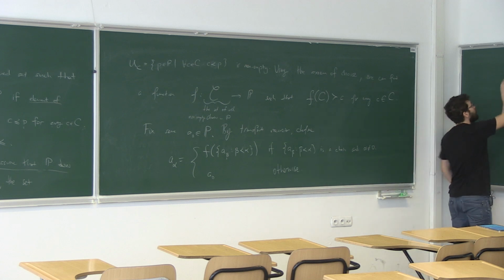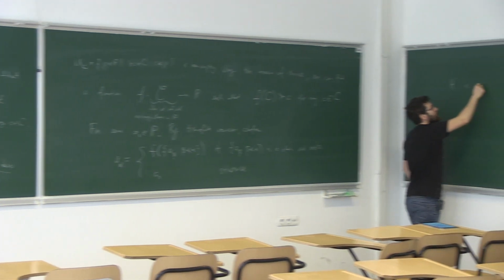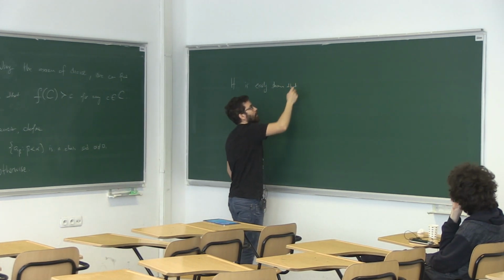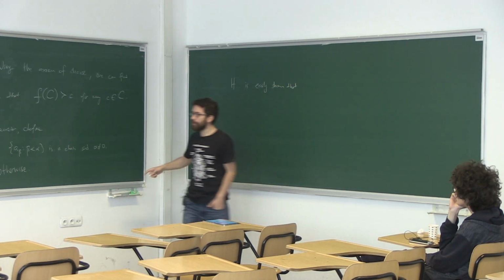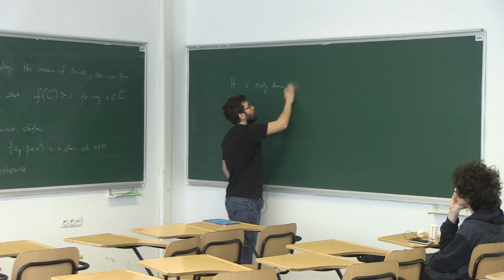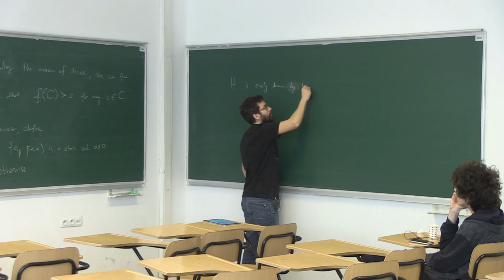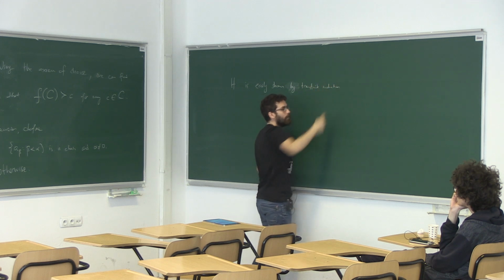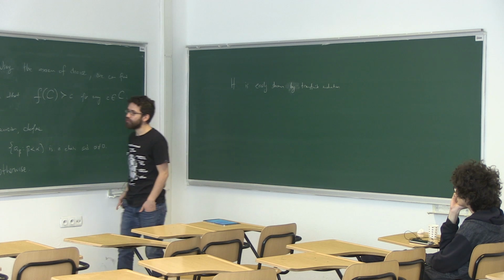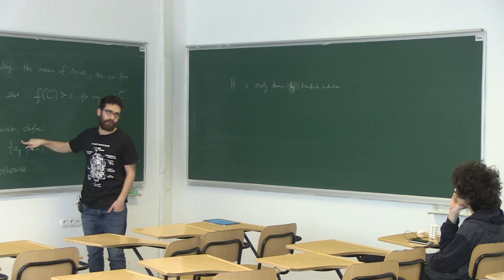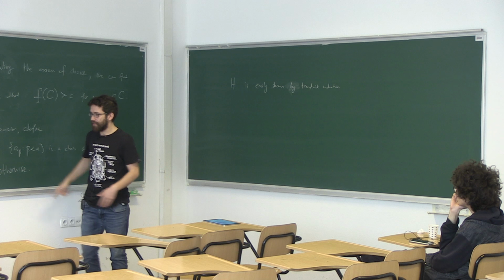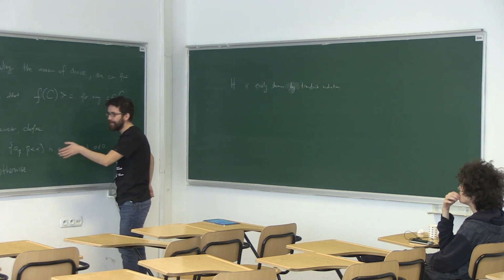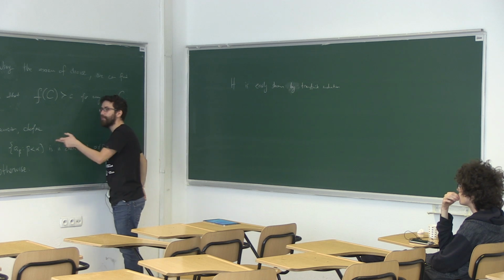Now, it is easily shown, I'm not going to prove it, by a transfinite induction argument that we are always in the first case, okay? I just defined this piecewise, but a transfinite induction argument shows that we are always in the first case.